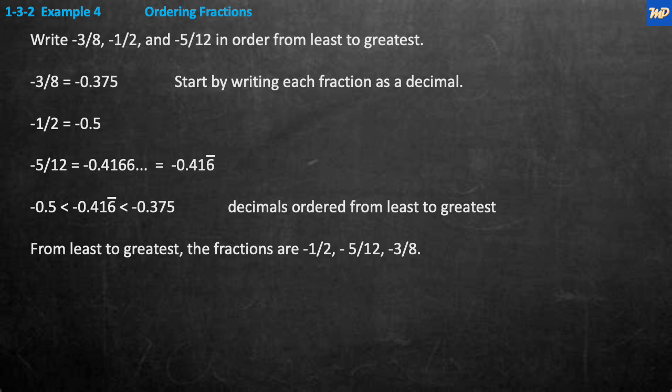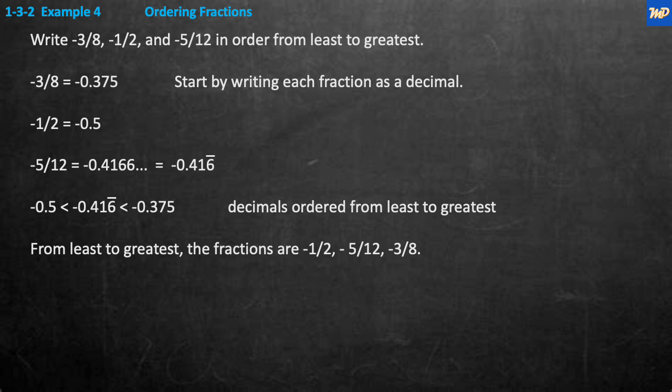Here's our repeating symbol again. This is interesting because it's helping us here. Negative 0.416 repeating because it starts repeating at the sixes. So now put them in order. Which is the largest and which is the smallest? Well, the smallest number is the negative 0.5, because even though it appears larger than negative 0.4 and negative 0.3, we know that the farther the number is to the left, the smaller the value.